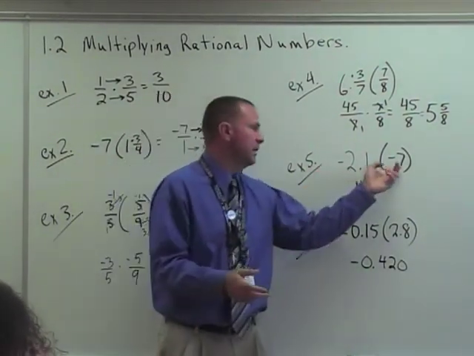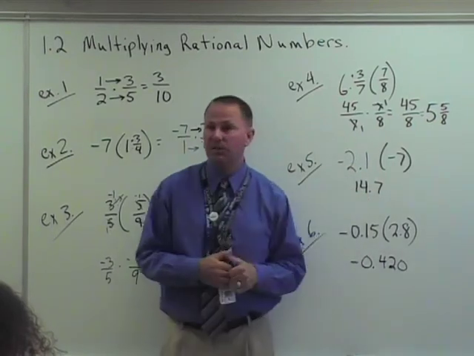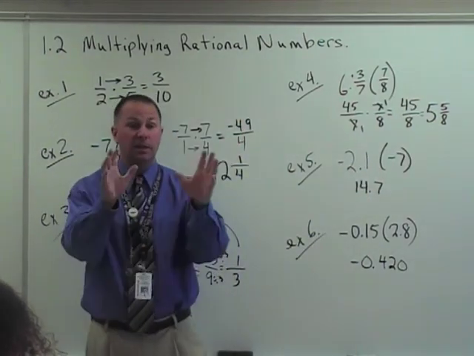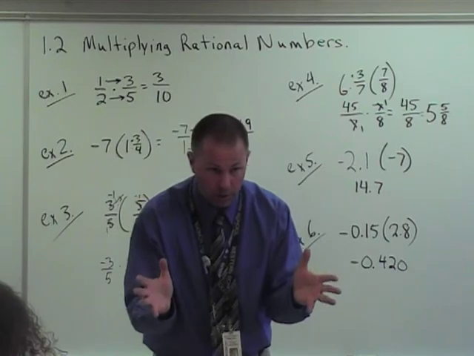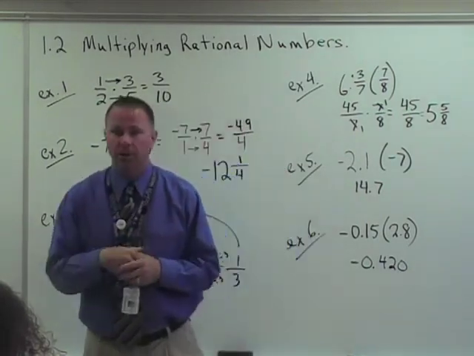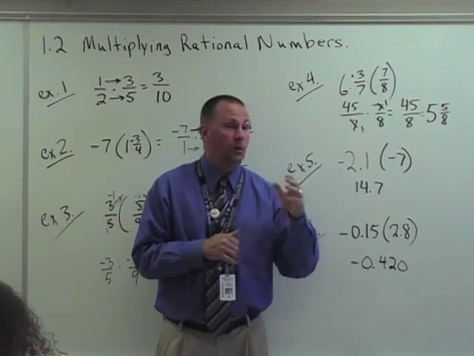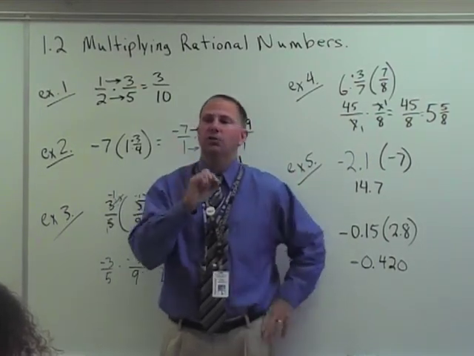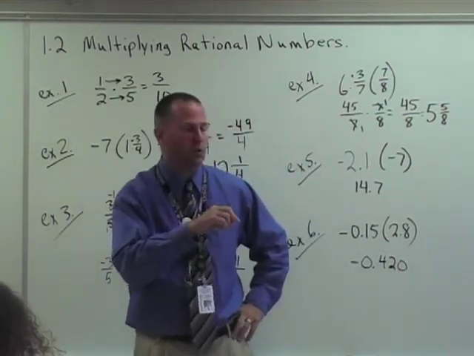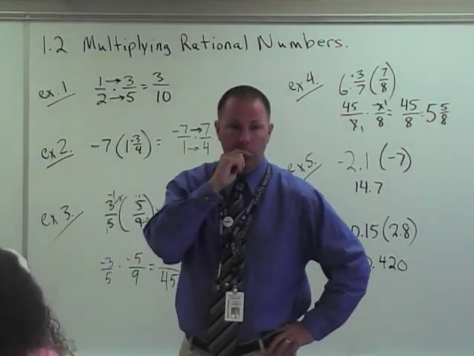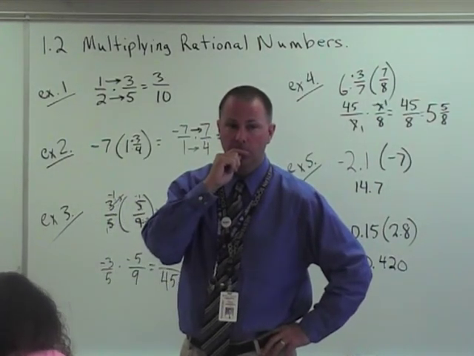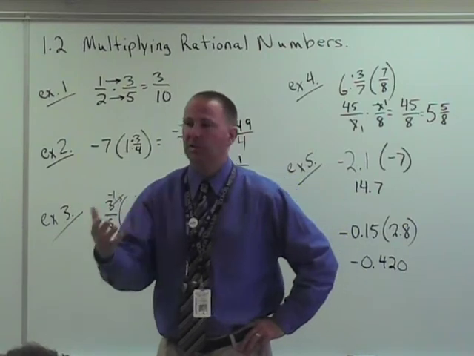Because you take negative 21 times negative 7, you're going to get 147, not 14.7. Now all of a sudden your answer is wrong. Why is it wrong? I'm going to be impressed if you understand this. Because it's a whole number, not a decimal. Right, but here's the rule that you guys are going to learn in the next chapter. Quentin: Because I forgot to say that you have to put your decimal back in. Yeah, you have to put the decimal back in.